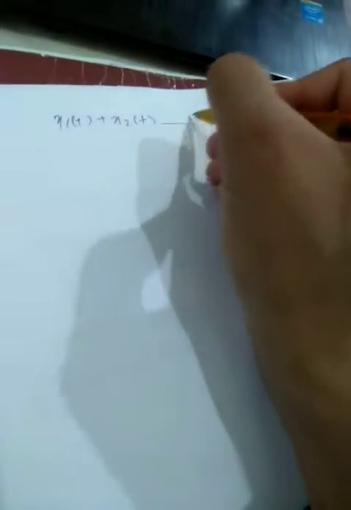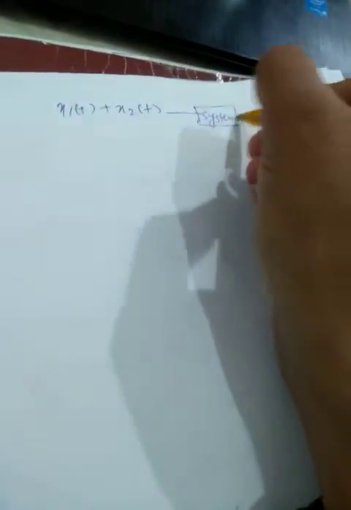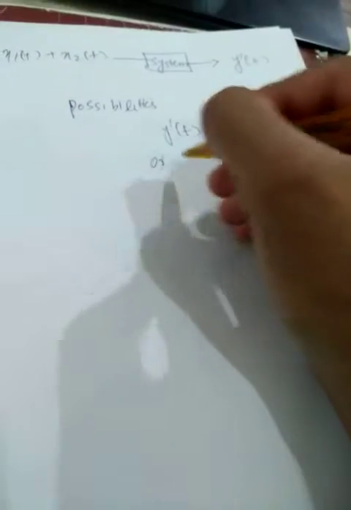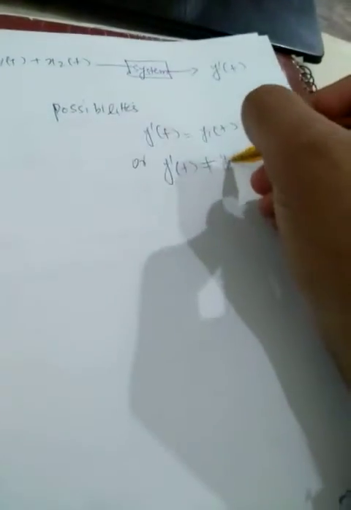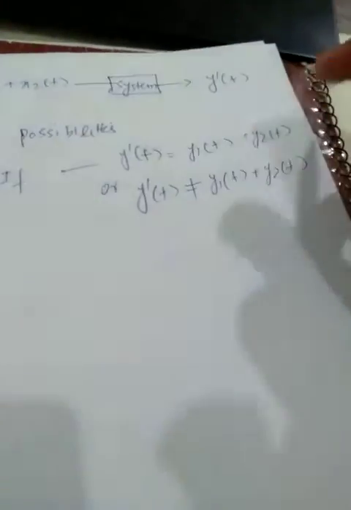Another thing is that if we have x1(t) plus x2(t) as input and pass it through the system, then it gives us y'(t). Here are the possibilities: y'(t) may be equal to y1(t) plus y2(t), or y'(t) is not equal to y1(t) plus y2(t). If y'(t) is equal to y1(t) plus y2(t), then it shows that our system follows the law of additivity.